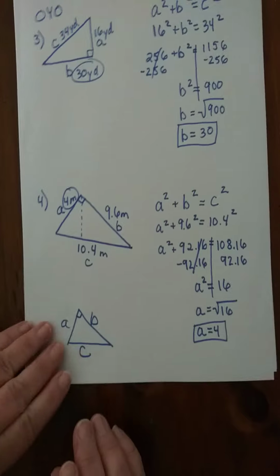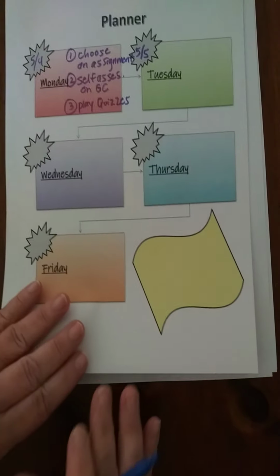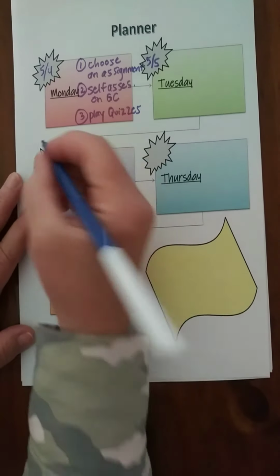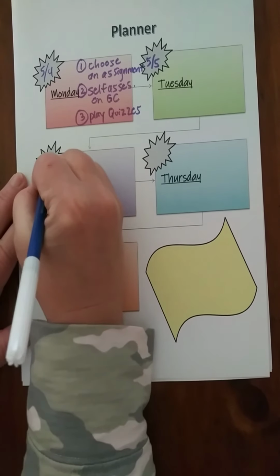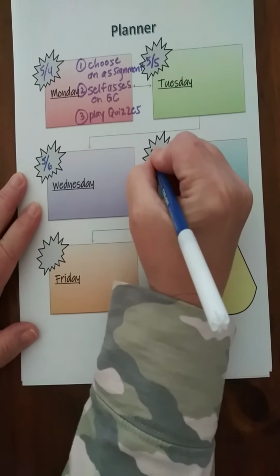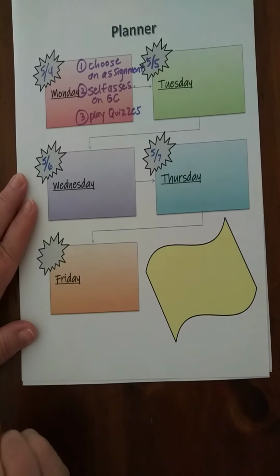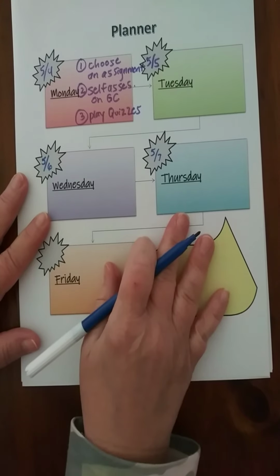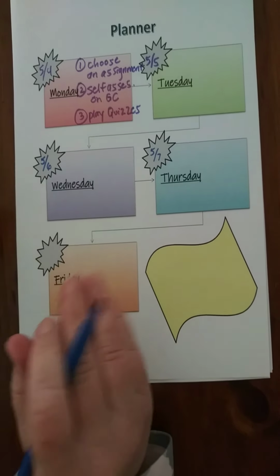Okay? All right, so let's reach for our planners or write down something so you know what you have to do this week. So today is May 6th. It's Wednesday. Tomorrow is May 7th, Thursday. So you can be doing this assignment Wednesday or Thursday, depending on what hour you are. But once again, remember, you can do these anytime you want.